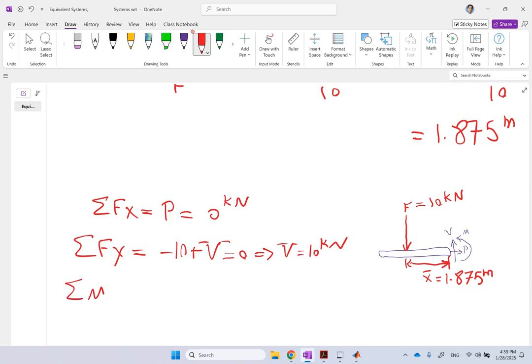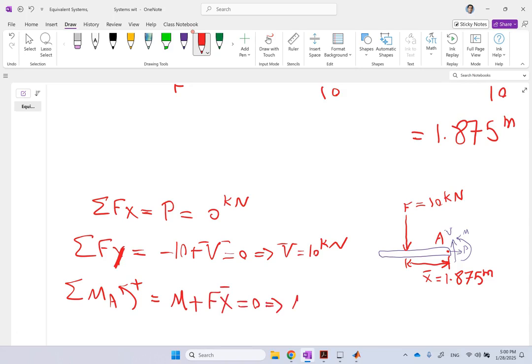And sum of moments about point A, let's say counterclockwise positive, it doesn't really make any difference which direction you do it. And this is point A, by the way. Now, there is going to be a positive M and then positive F times x bar. That is 0.